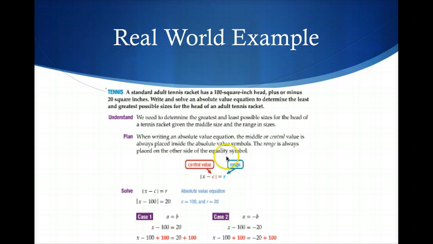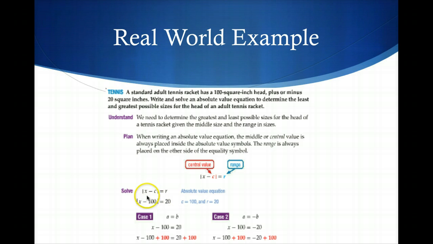Our plan is when writing an absolute value equation, the middle or central value is always placed inside the absolute value symbols. The range is always placed on the other side of the equality symbol. So notice our central value is placed within the absolute value. The range is on the other side of the equality symbol.